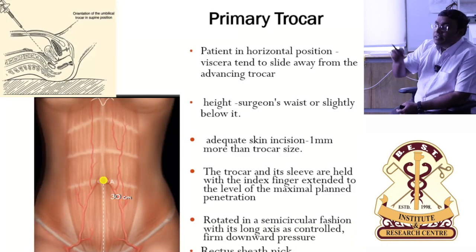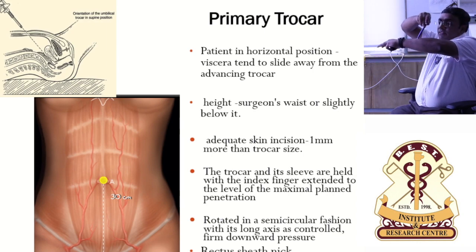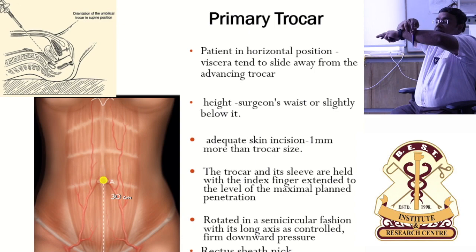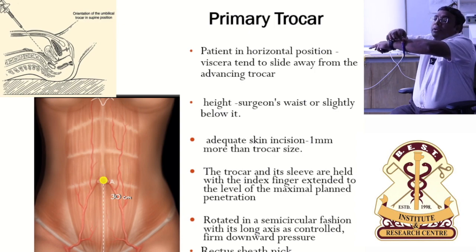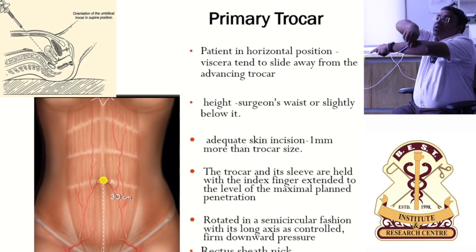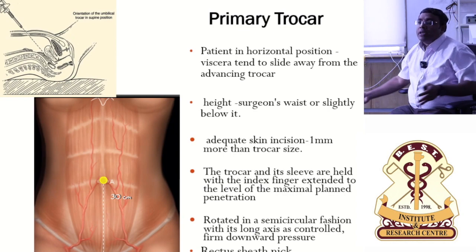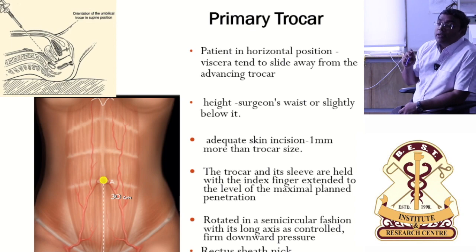It will all be within the muscle thickness only. You should go the shortest distance required to reach the peritoneal cavity. If you put your trocar like this, it will never reach. Though the abdominal wall is of fixed thickness, your trocar will not be able to reach it. Even if we give a bariatric size trocar, it will not enter if you are oblique. So you should never go oblique.